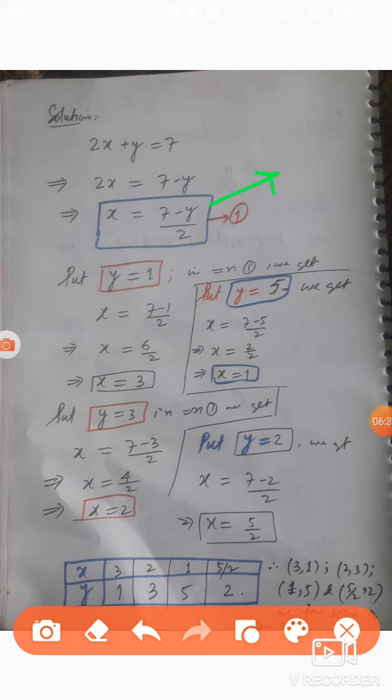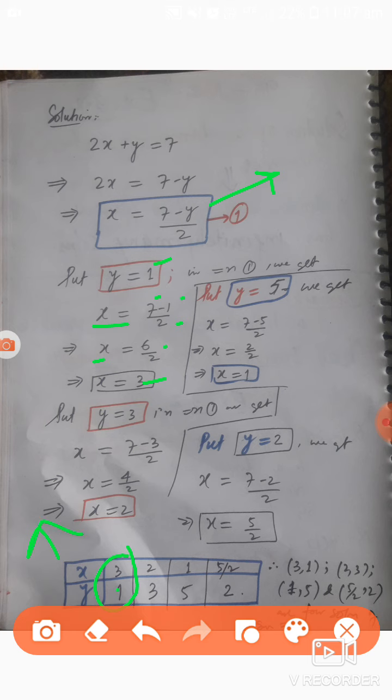Now let's put y equal to 1 in this equation. We get x equal to 7 minus 1 divided by 2, so x is equal to 6 by 2, which implies x equal to 3. So for y equal to 1, we get x equal to 3. We got this pair of values, x equal to 3 and y equal to 1, and we note it in the value table.